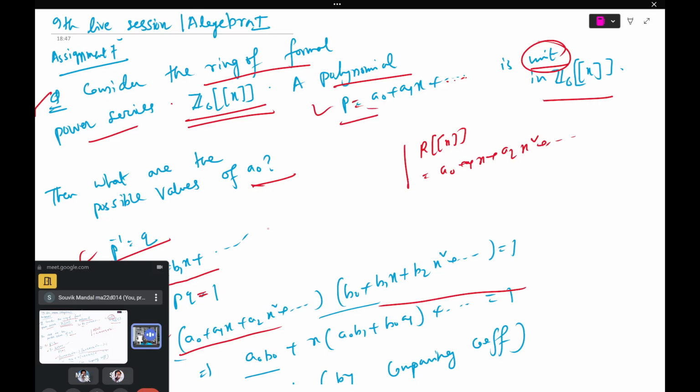So given that this polynomial is a unit, the question is, what are the possible values of A0? First tell me, without looking at the screen, honestly, how you solve this. This assignment's answer has been released, so I hope you have solved it.